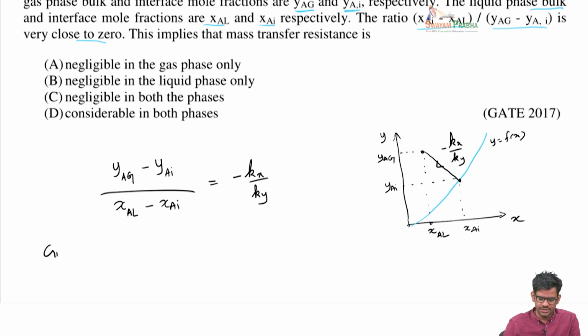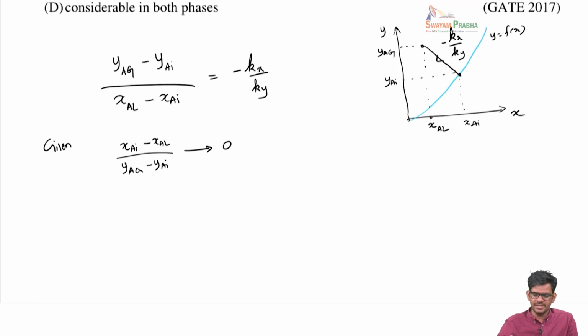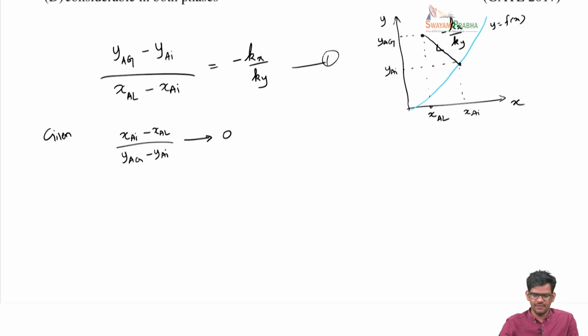The given expression is XAI minus XAL over YAG minus YAI. This ratio is close to 0. So maybe what we can do is take the equation of this driving force line and write it in this format and see what it means when this ratio goes to 0 in terms of mass transfer coefficients. First of all, we will invert it.